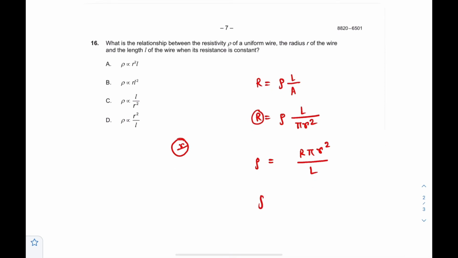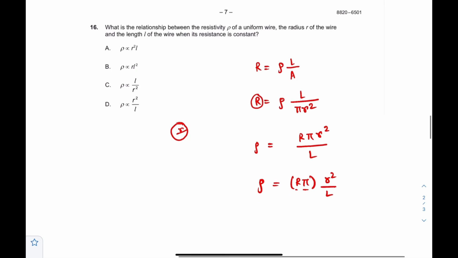So rho is equal to R into pi r square by L. As pi is obviously a constant, and R is given in the question to be a constant, rho varies as r square divided by L. So what is the correct option? The correct option is option number D. So this is the correct option for question number 16.